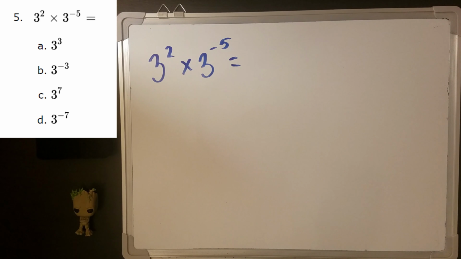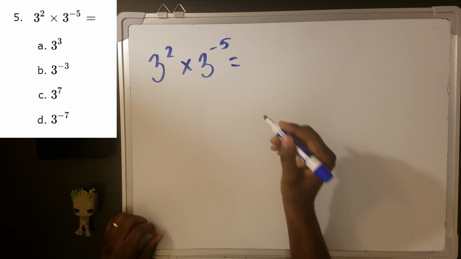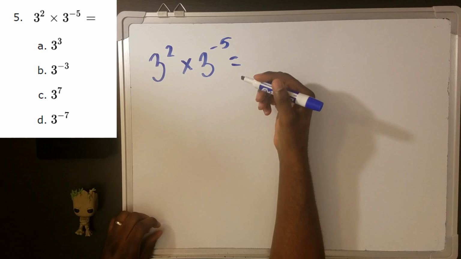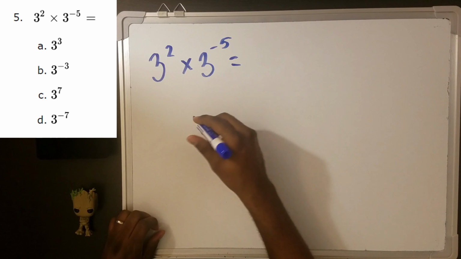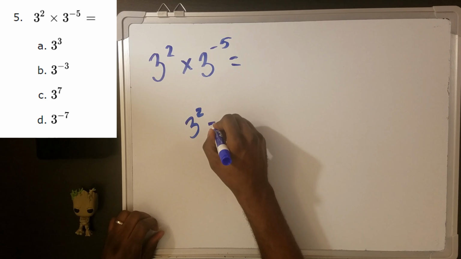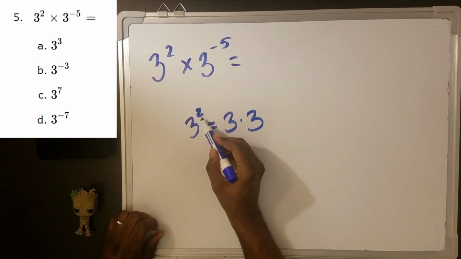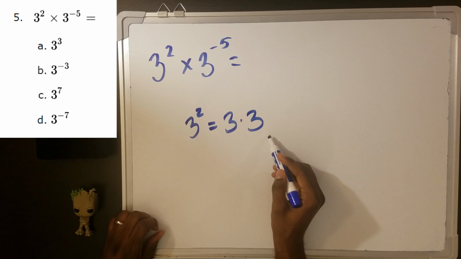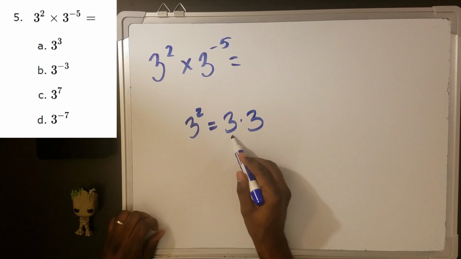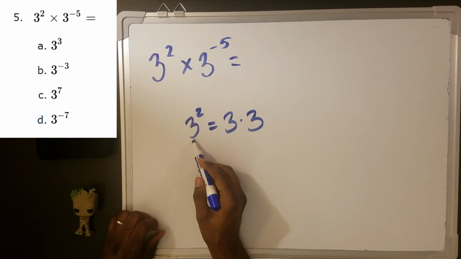Okay? So when dealing with negative exponents, you need to know how to tackle positive exponents. So 3 squared is just going to be 3 times 3. Whatever the number is in your exponent, that's how many times you're multiplying your base by itself. In this case, the base is 3.